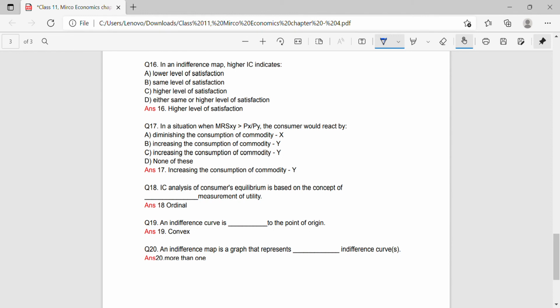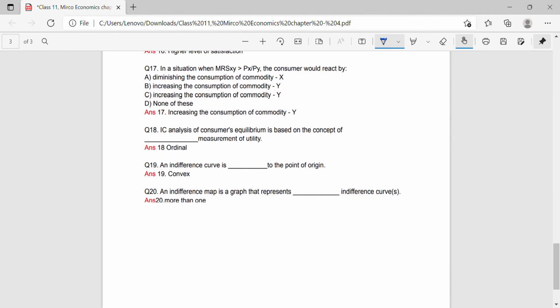Question 16. In an indifference map, higher IC indicates: option A, lower level of satisfaction. Option B, same level of satisfaction. Option C, higher level of satisfaction. Option D, either same or higher level of satisfaction. The correct option is option C, higher level of satisfaction. Question 17.